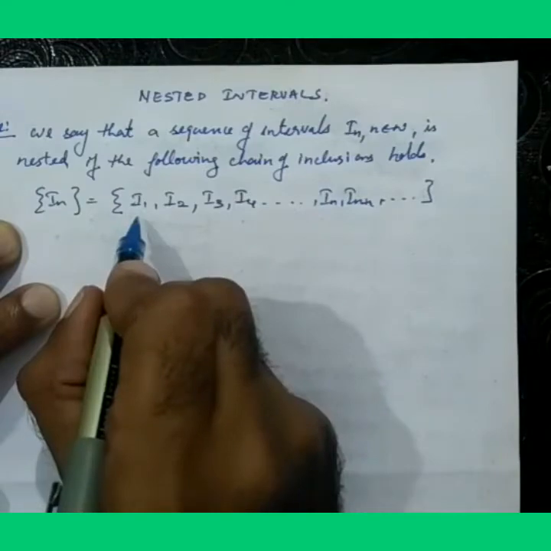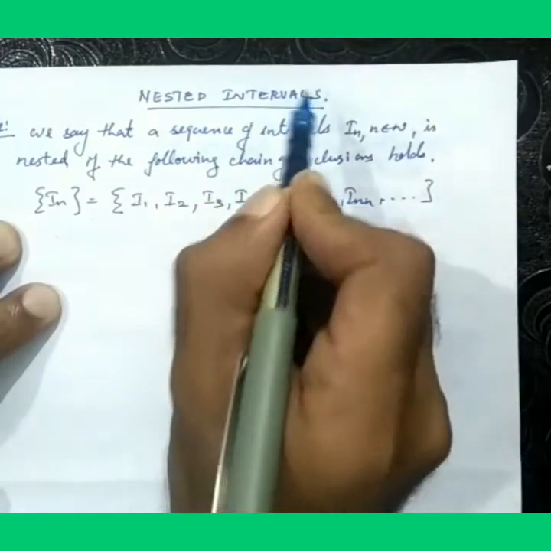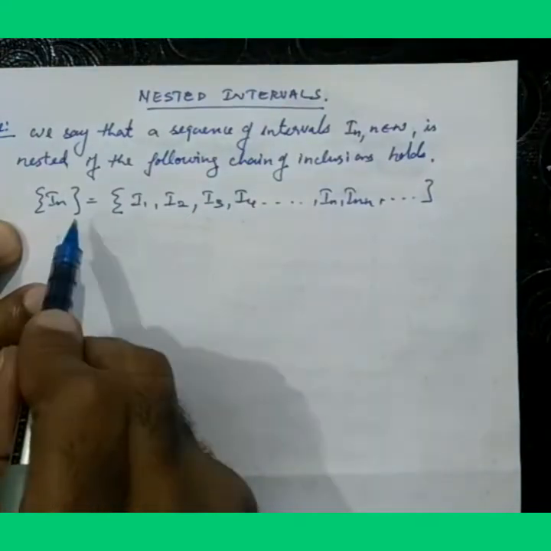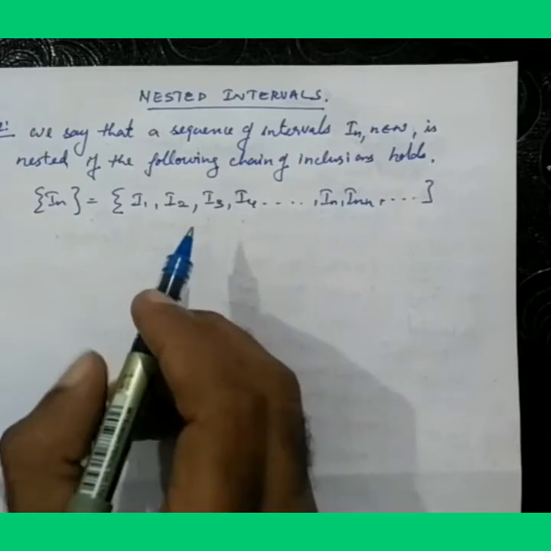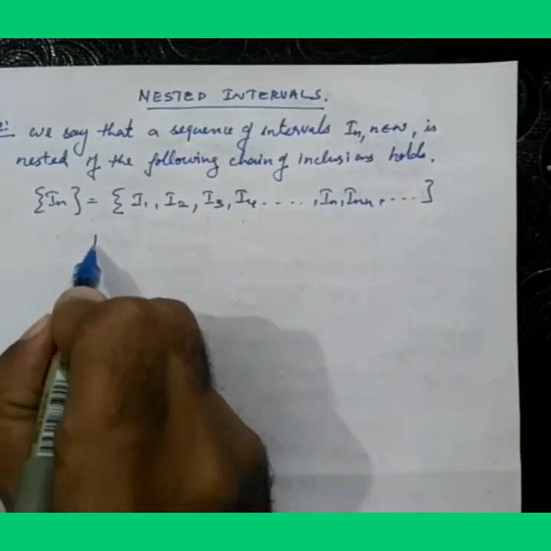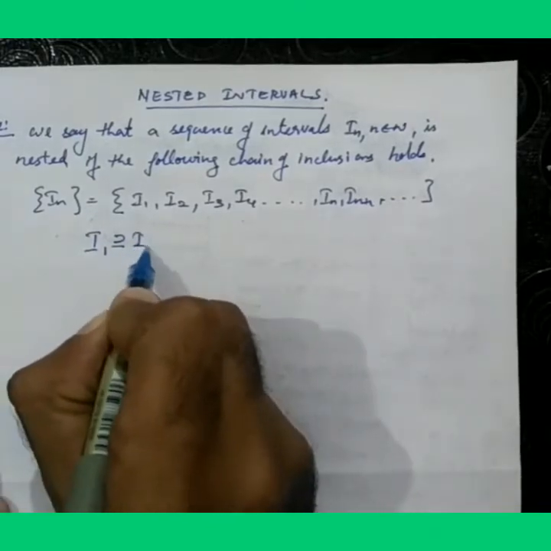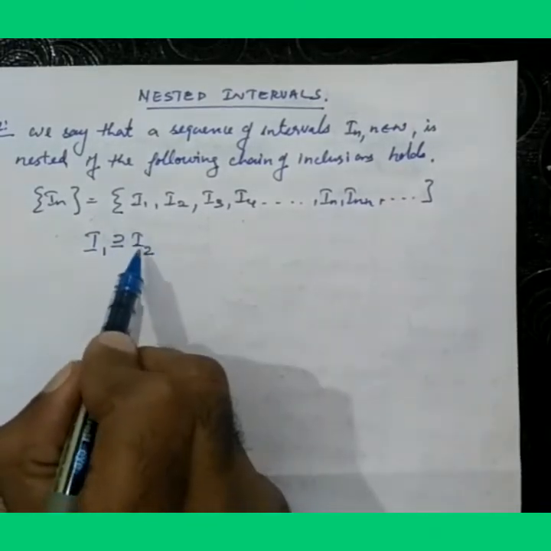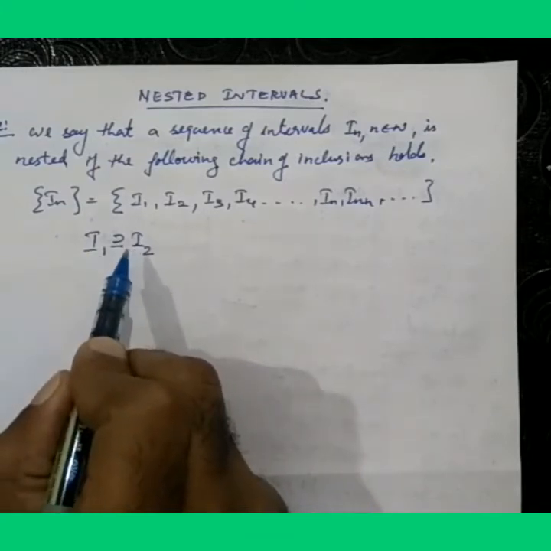Okay, now this sequence of intervals is said to be nested intervals if this sequence holds a particular property. Now what is the property? The property is this: the interval I1 will contain the interval I2, or I2 will be contained in or equal to I1. I2 won't be bigger than I1.